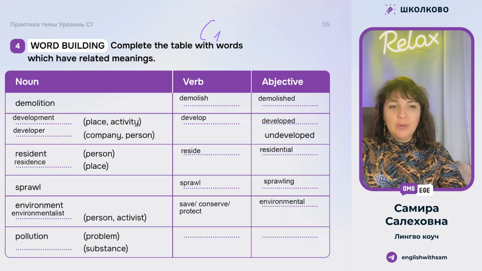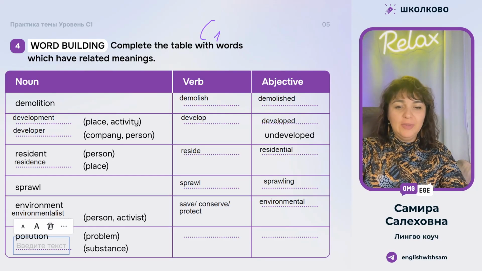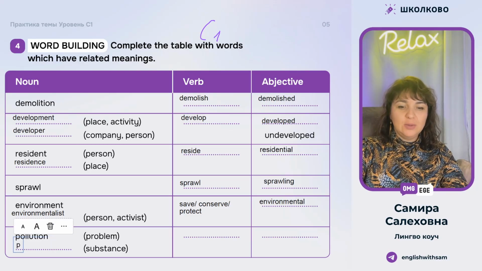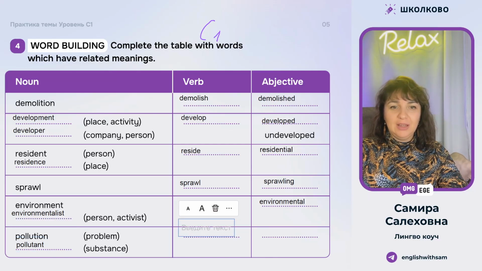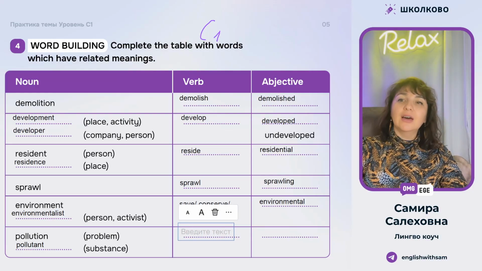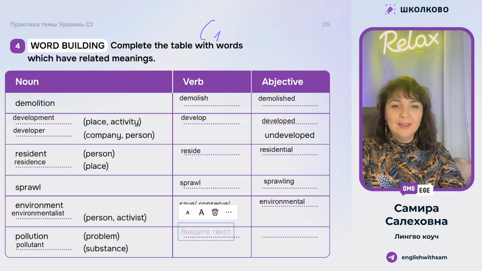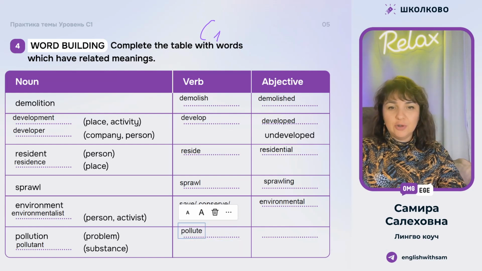We have pollution, right? And as a substance, we have pollutant. Pollutant. Okay. Yeah, I'm glad that everything got back to normal. So we have pollute, right, as a verb.